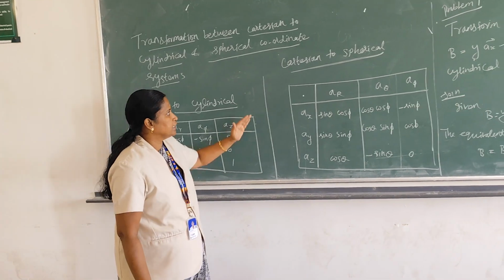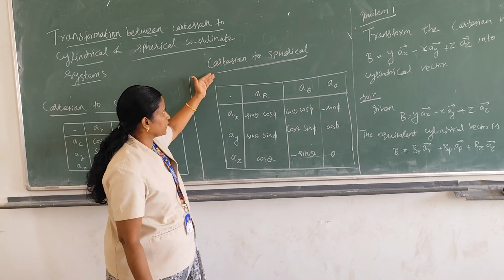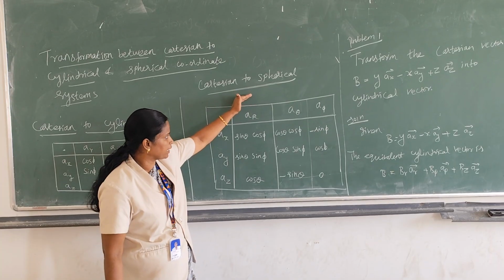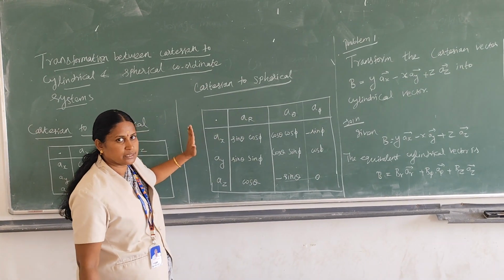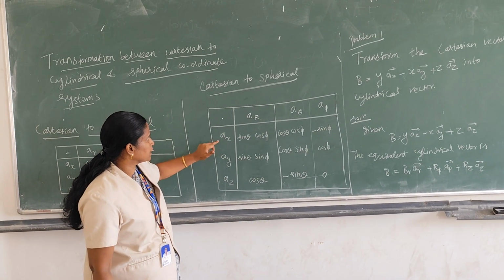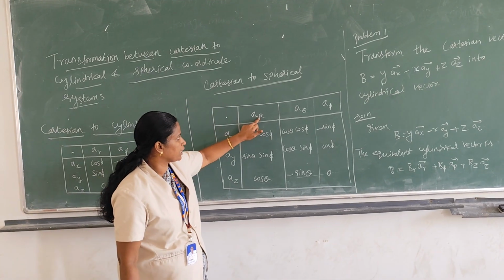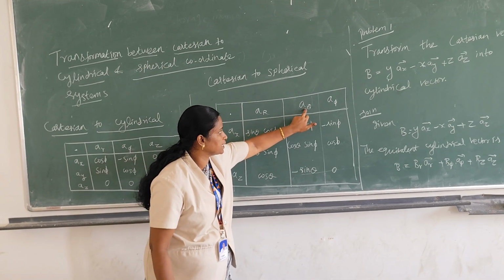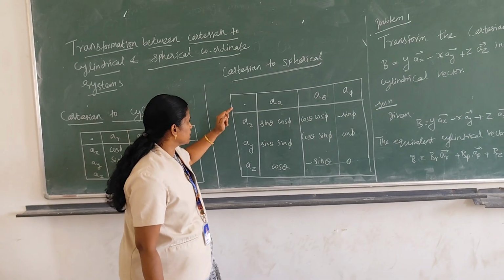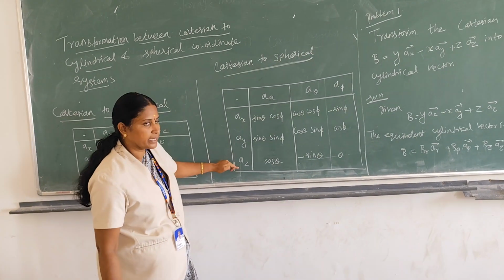Like that, the Cartesian vector can be converted into a spherical vector. For that conversion, this table is needed. The spherical coordinates are R, theta and phi, and the Cartesian components are Ax, Ay, Az.